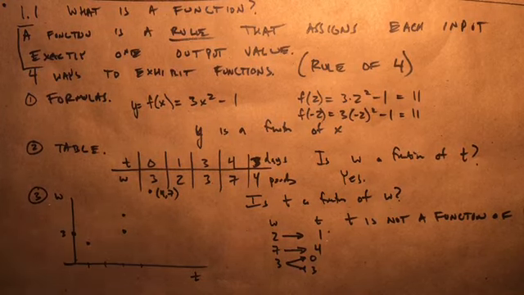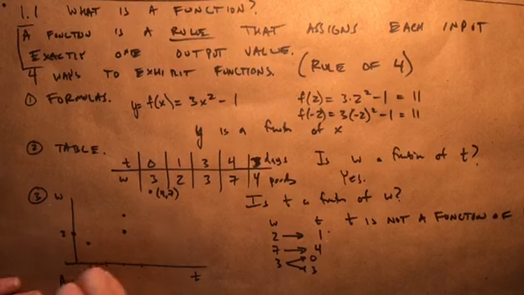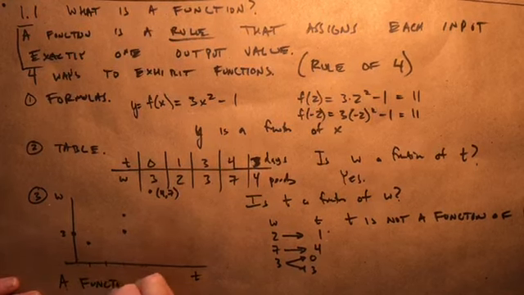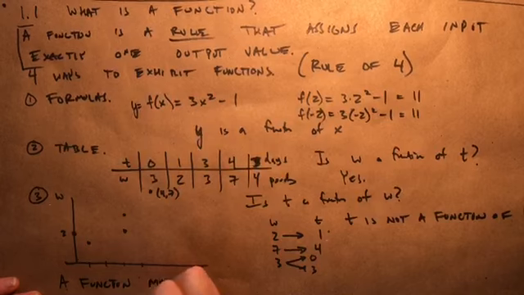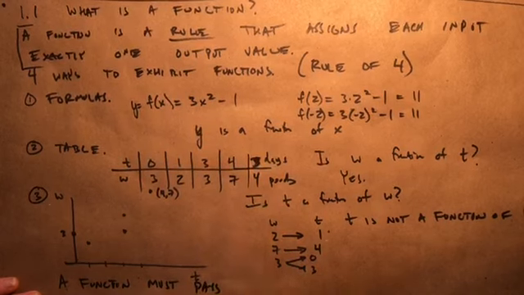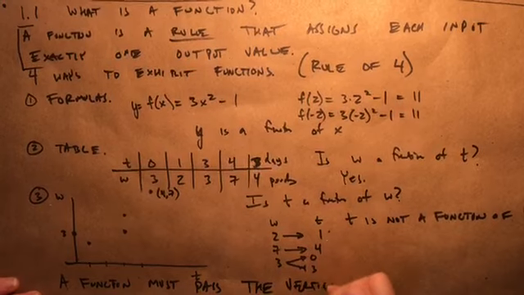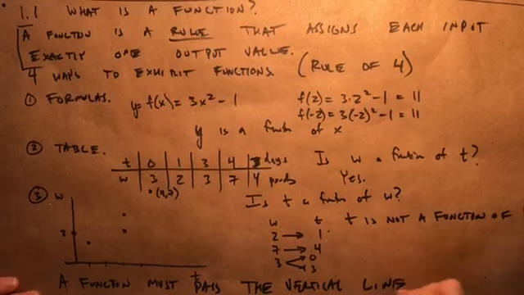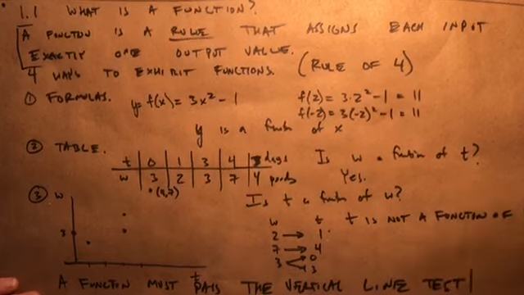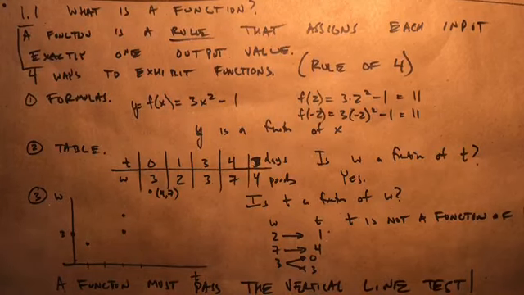And what we can say is that a function must pass the vertical line test. Namely, whenever I have a graph of a function, if I make a vertical line and it crosses twice, it is not a function at all.